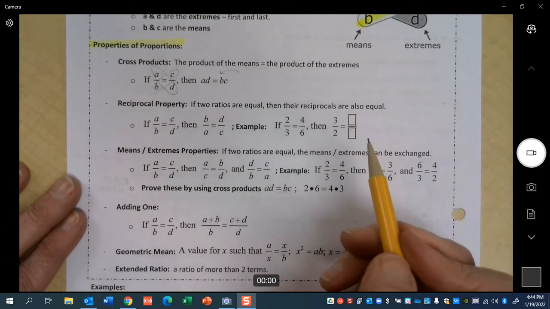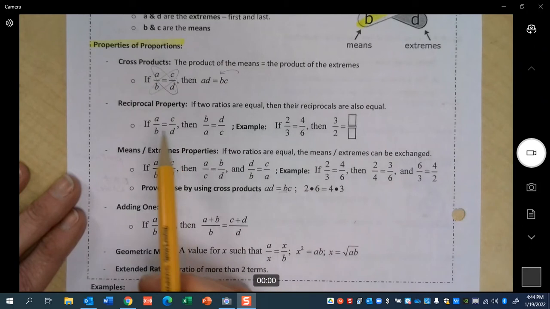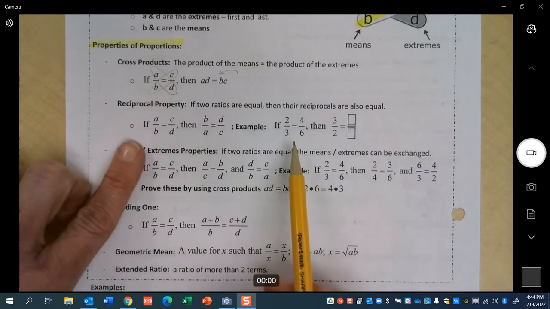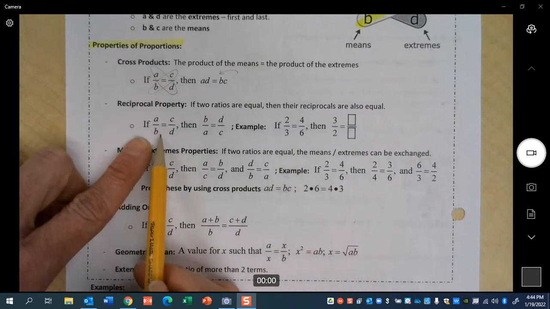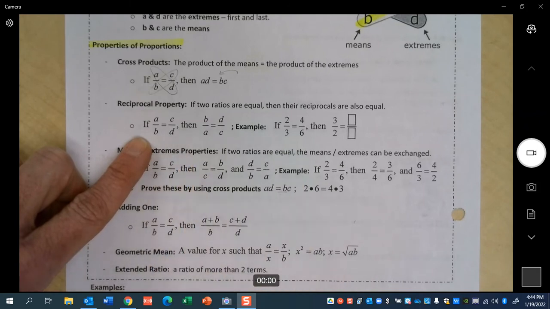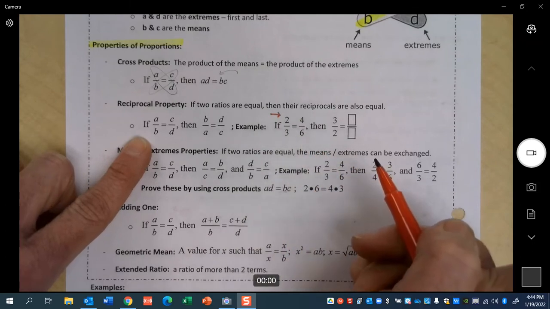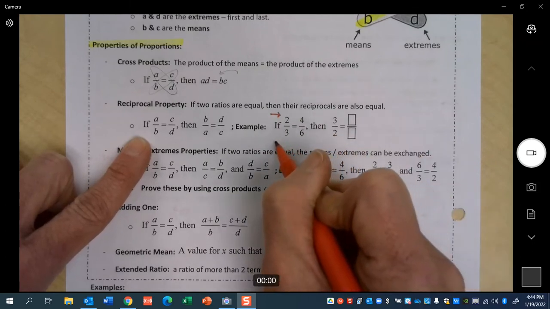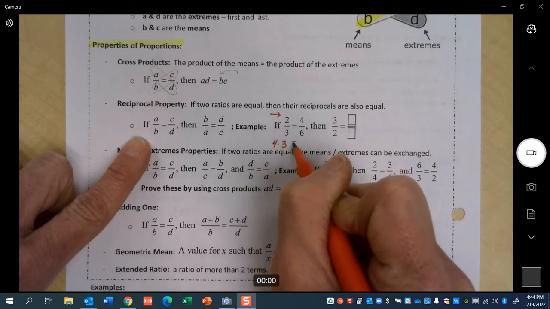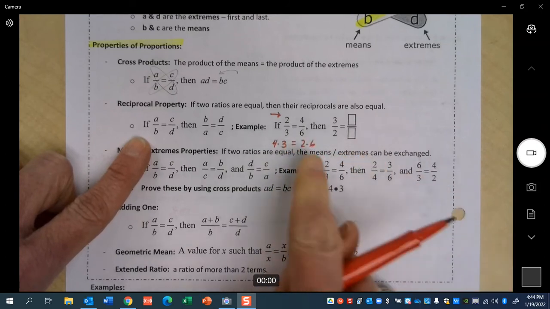And give yourself a couple examples here that can help you out. For example, here we go with our reciprocal property. If I'm told that this is true, here's an example for us to study. So 2/3 is equal to 4/6. We know that's true because 4 times 3 is going to be equal to 2 times 6.